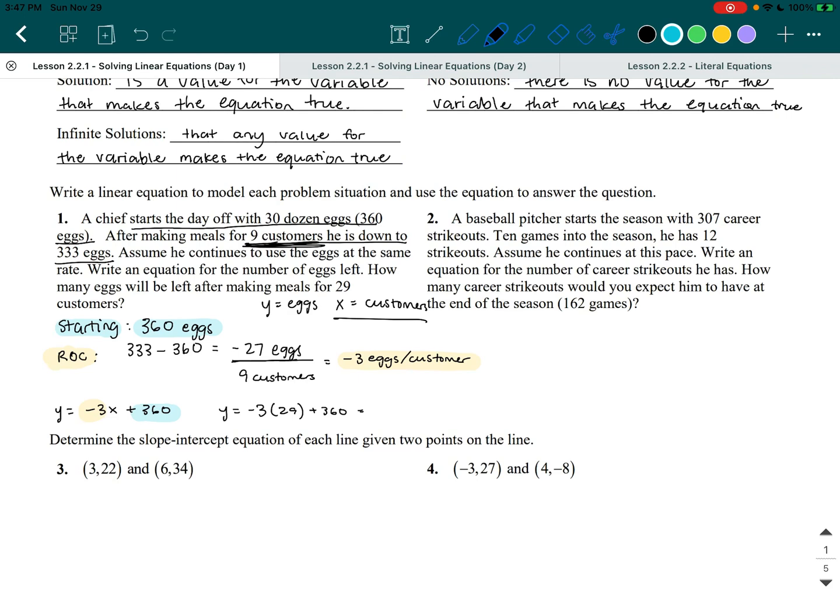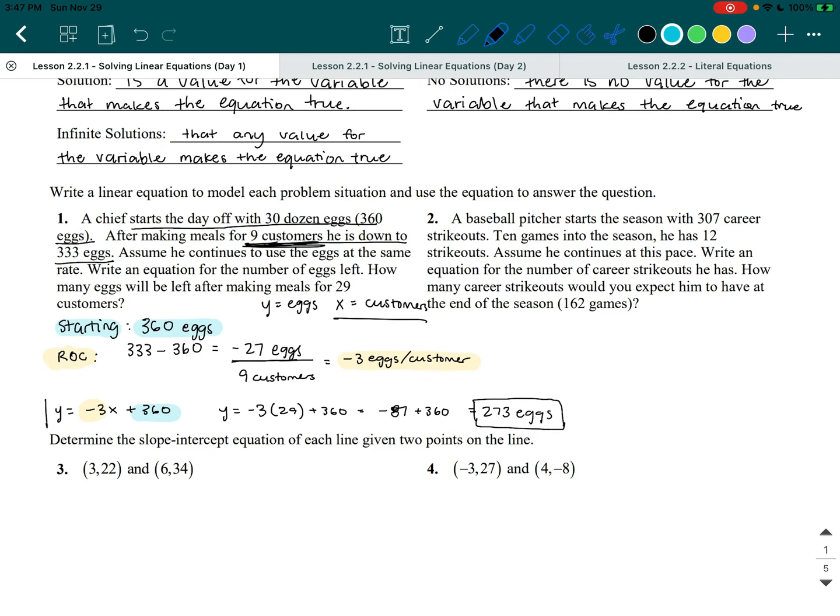So you do PEMDAS. Negative 3 times 29 gives us negative 87. And then we still have to add the 360. Negative 87 plus 360 gives us 273. This is the amount of eggs he will have left after serving 29 customers.